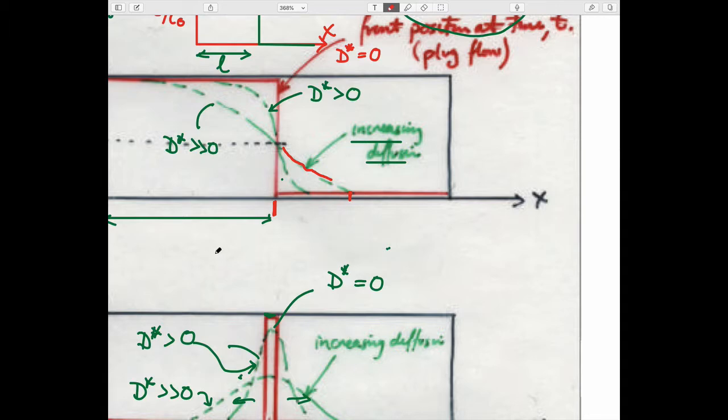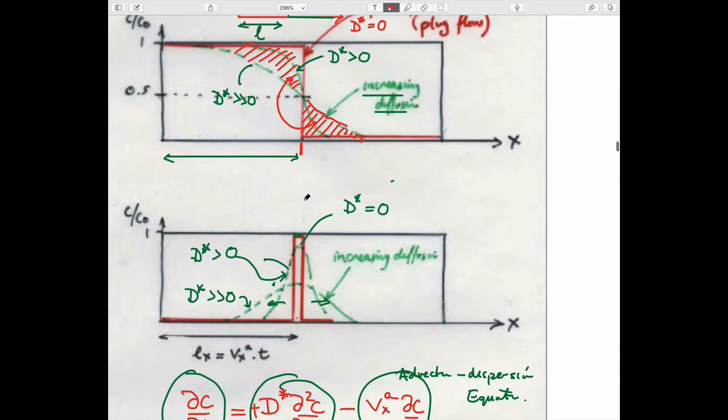And I suppose the other interesting thing you could imagine here is that if you look at these relative masses that are ahead of the front and are behind the front, then they're of similar mass to each other. They're not drawn very well here, but you'd expect them to be equivalent. The amount that's going ahead of the front should be depleted from the amount that's behind the front. So you'd expect them to be roughly the same masses.